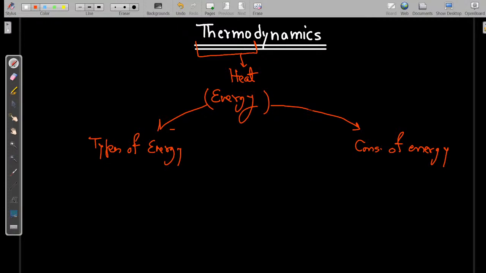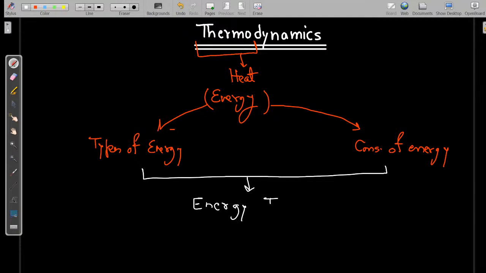All these three concepts lead to another concept, that is energy transformation.